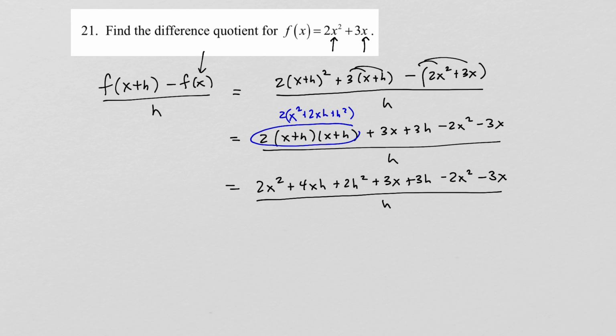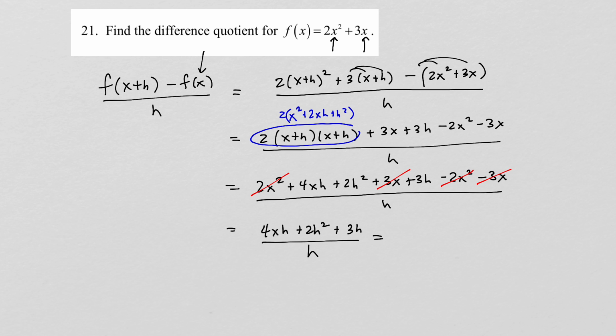Okay, so once you have it all multiplied out, now we look for what we can cancel. So notice that you have positive 2x squared and negative 2x squared, and you have positive 3x and negative 3x. So what you have left over on top is 4xh plus 2h squared plus 3h, all divided by h.